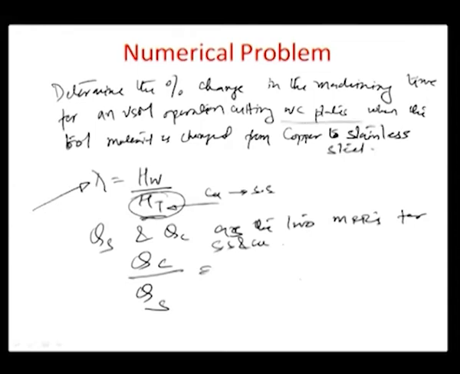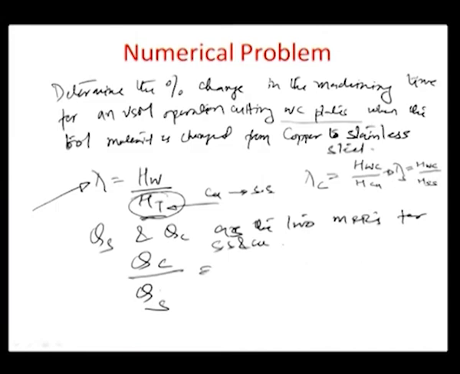The lambda varies between lambda C, which is equal to H WC, tungsten carbide, by H copper, to lambda S, where lambda S is H tungsten carbide by hardness of SS, stainless steel.